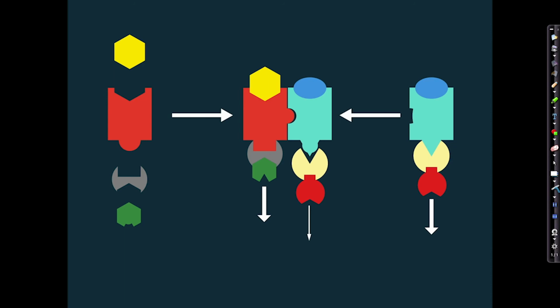Well, it seems that when both of these receptors are activated, the conformational change in each of these receptors that you can actually see here causes these receptors, in a sense, to stick to each other, to interact with each other.